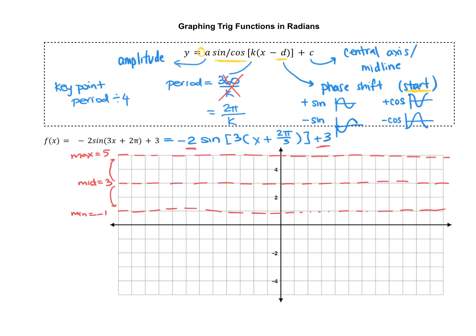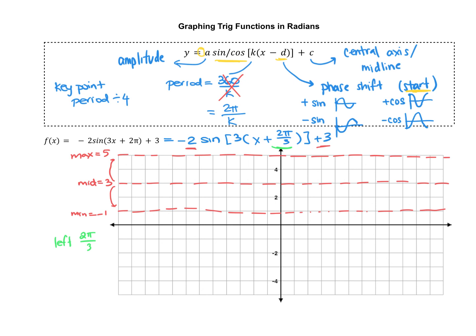Now the phase shift is 2 pi over 3, and we're going to the left. I'm not going to apply that phase shift to draw my starting point just yet because I don't have a scale, and I have to take my period and my key point into consideration to create a nice, clean, helpful scale for my graph.